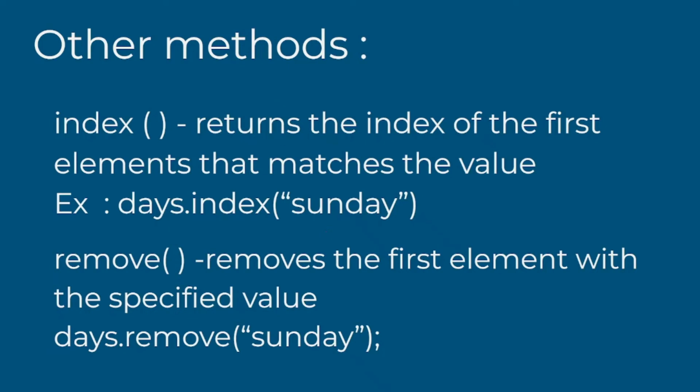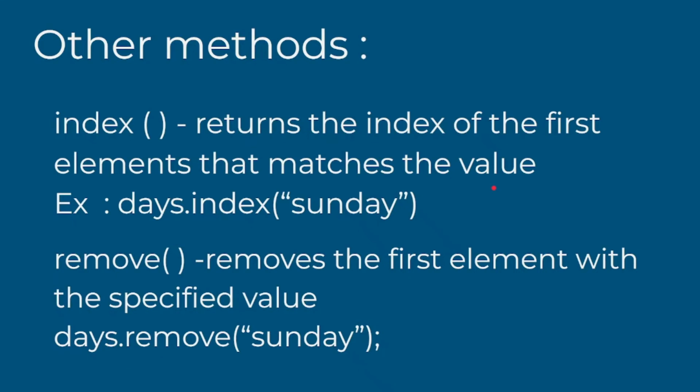Now, let us assume the list contains 3 items: Sunday, Sunday, and Monday. So there will be 2 Sundays and 1 Monday. If I write the same code again, days.index of Sunday, we'll again get the index of Sunday as 0, because we are getting the index of only the first element that matches the value passed.